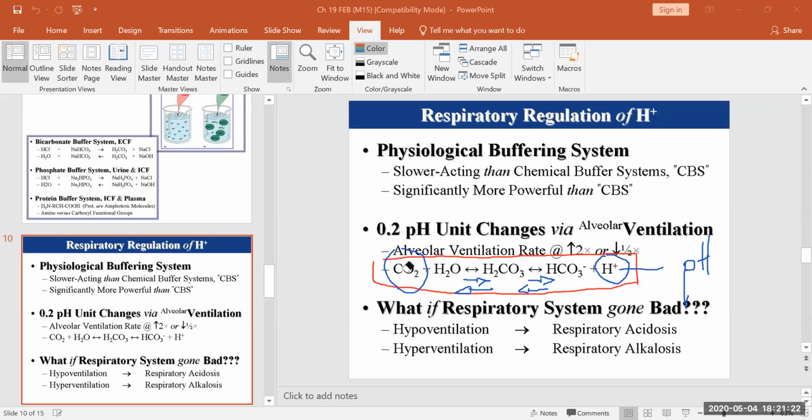So let's go slowly over this. This is chemistry, so I just want to make sure that we're on the same page here. This is basic chemistry. This is a law. This side is the reactant, right? So if the concentration of CO2 is increased, you will drive the equilibria this way.